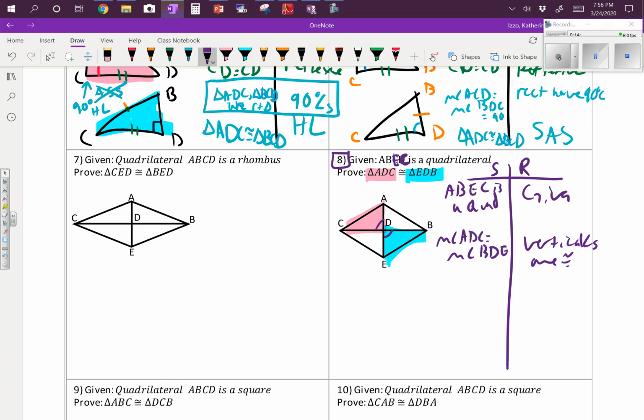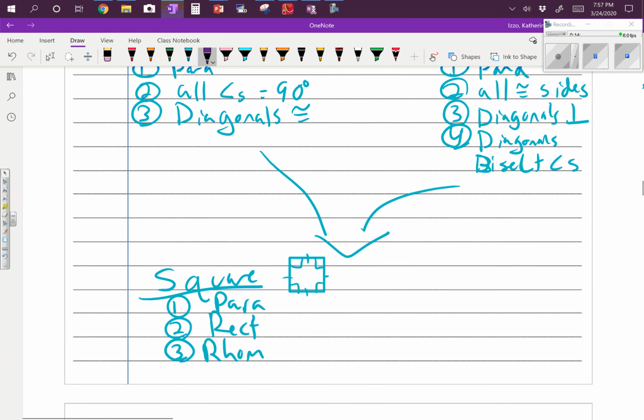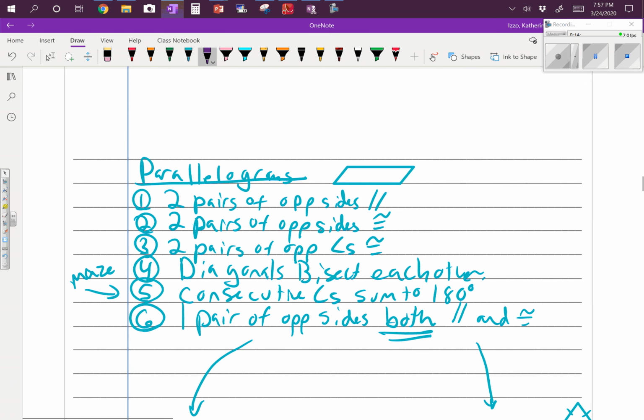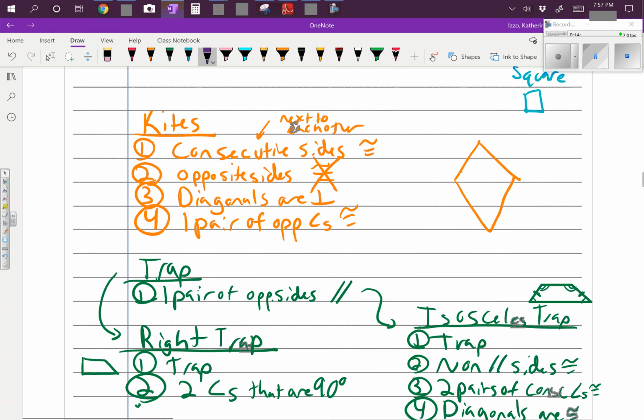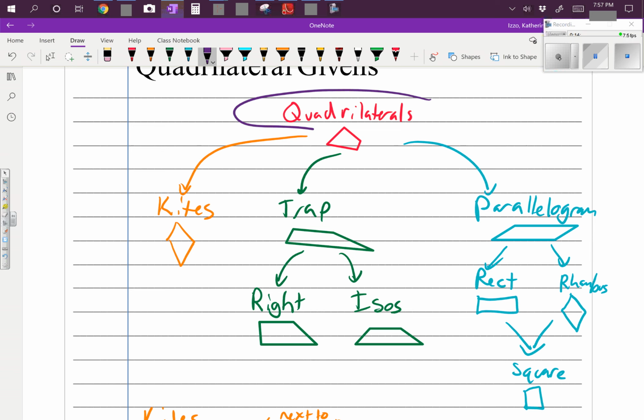And then they're like, okay, we've got that given. We've got quadrilateral. We've got vertical angles. So let's take a look at what quadrilateral gives us. If we take a look at our notes, we've got square, rhombus, rectangle, parallelogram, trapezoids, kites. We didn't go over quadrilaterals.